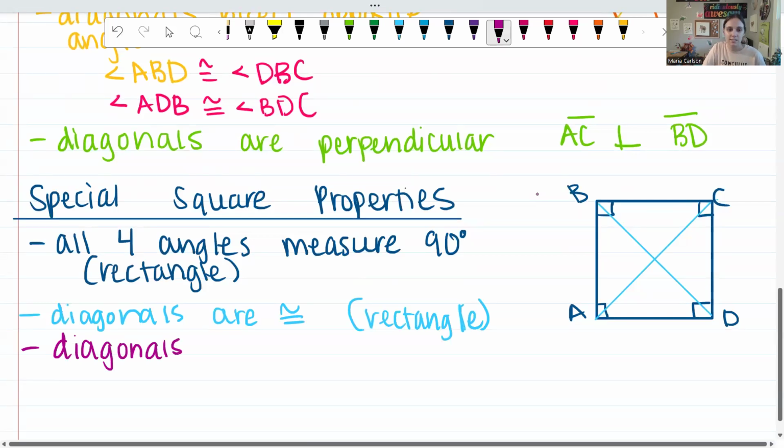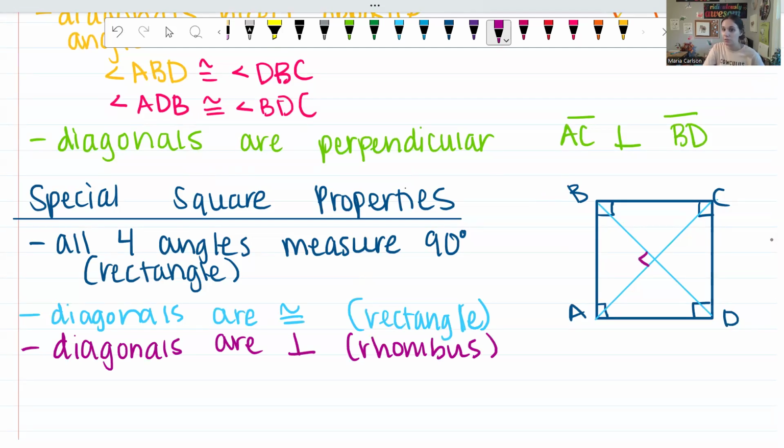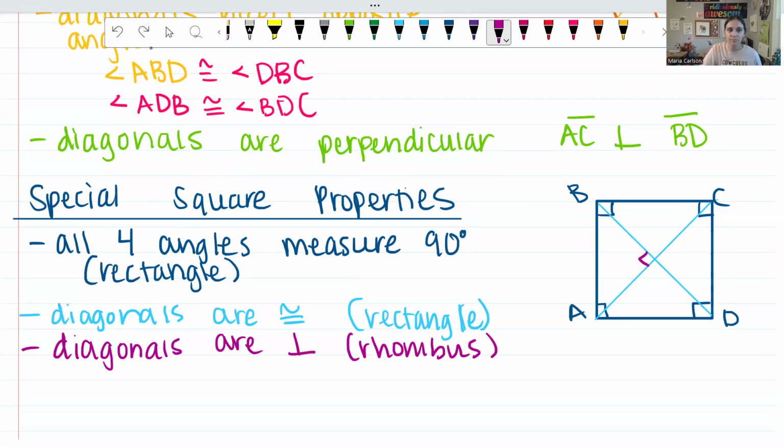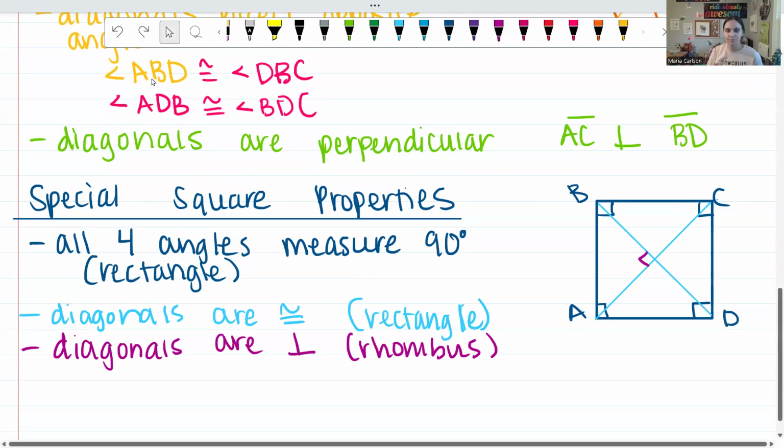Separating the reasoning: the diagonals are perpendicular because a square is also a rhombus. So we know then that these are right angles formed. We also know that the diagonals bisect those opposite angles as well.